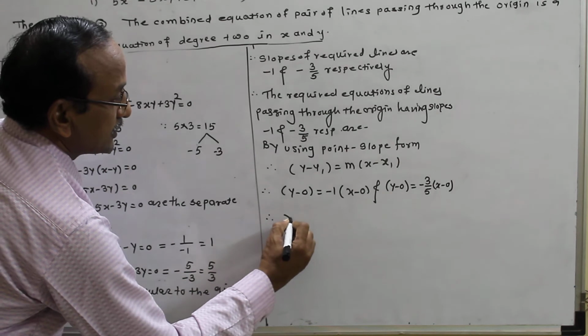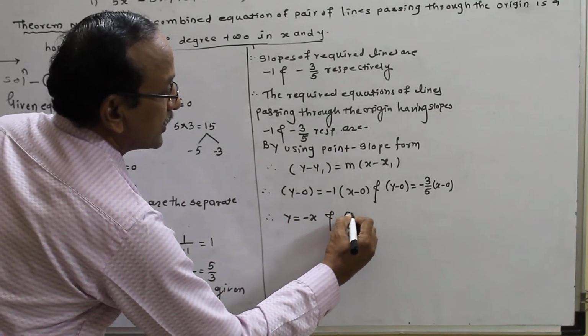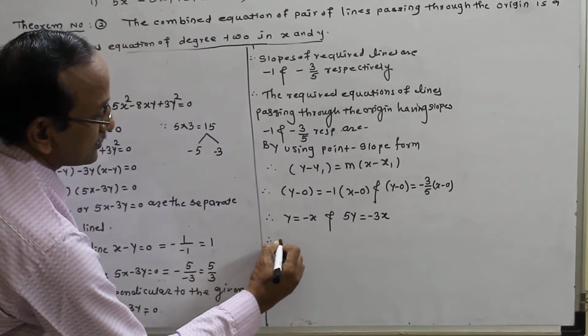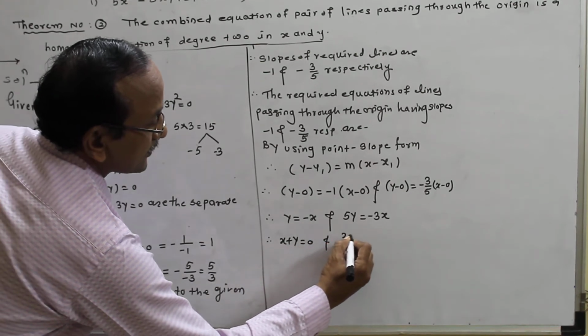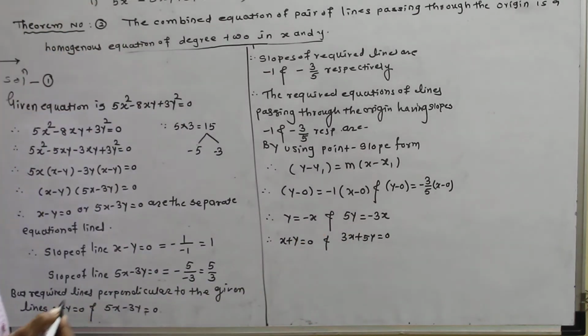Therefore y is equal to minus x and 5y is equal to minus 3x. Therefore x plus y is equal to 0 and 3x plus 5y is equal to 0.